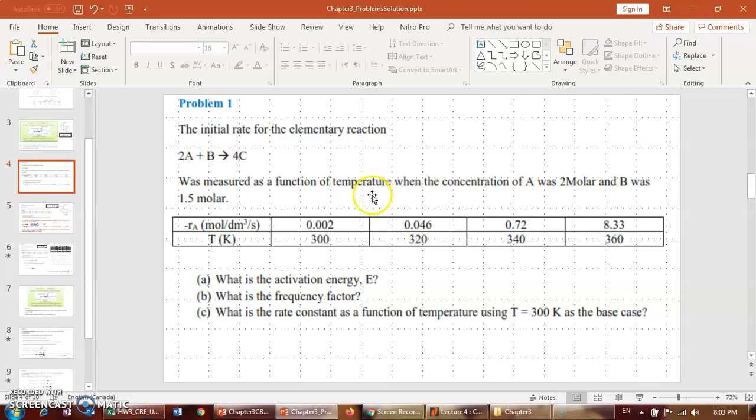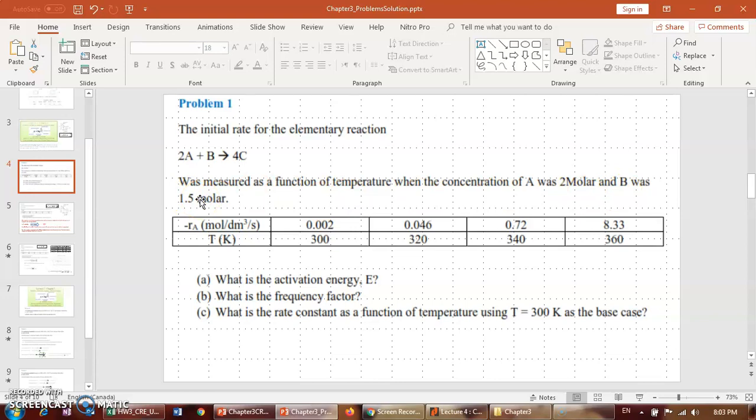So we fix the concentration of A and concentration of B all through the experiments here. You can see that at 300 we have some value, and at 360 Kelvin we have some values. But all the experiments are with the concentration of A of 2 molar, that means 2 moles per dm cube, and B is 1.5 molar, that means 1.5 mole per dm cube.